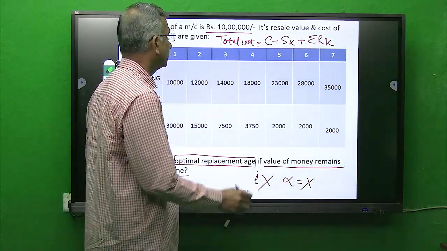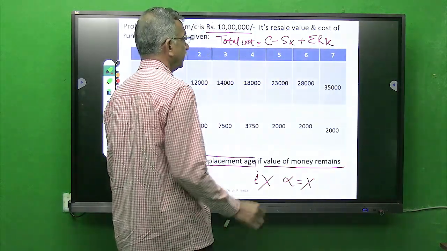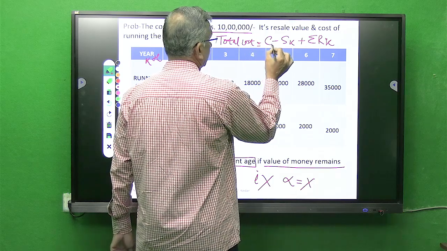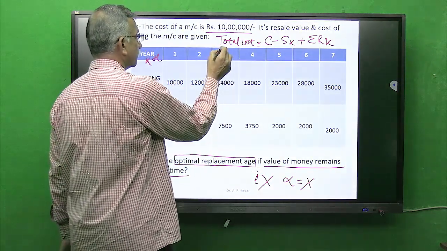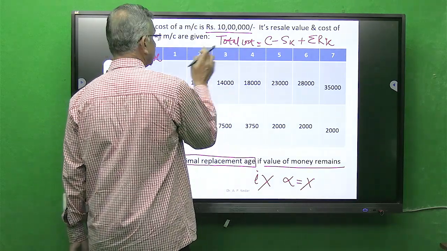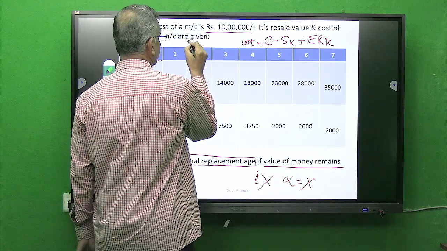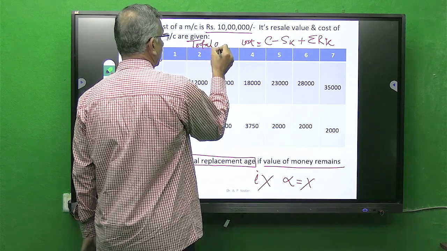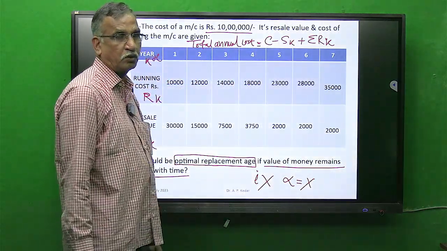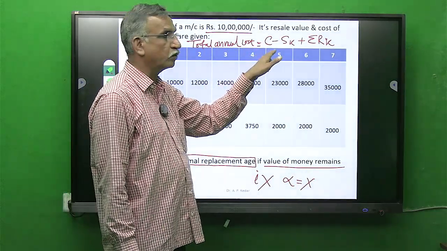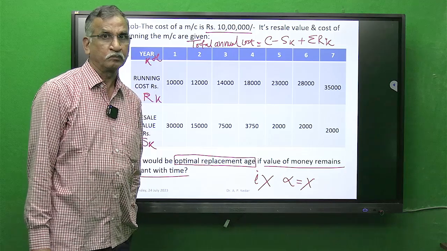This is total annual cost, and if I divide this total annual cost by n, I will get average annual cost. Got it? Let's move ahead.